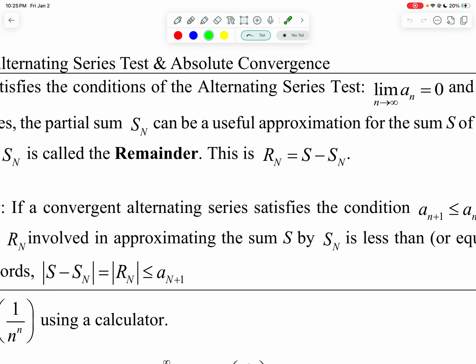Now, like I said, we don't know what the actual sum is. So what we're going to do is approximate it using the nth partial sum. So the remainder here is going to be the actual sum, which we don't know, minus the nth partial sum. Now, you might be thinking, okay, but how do we find the remainder, given that we don't know what the actual sum is?